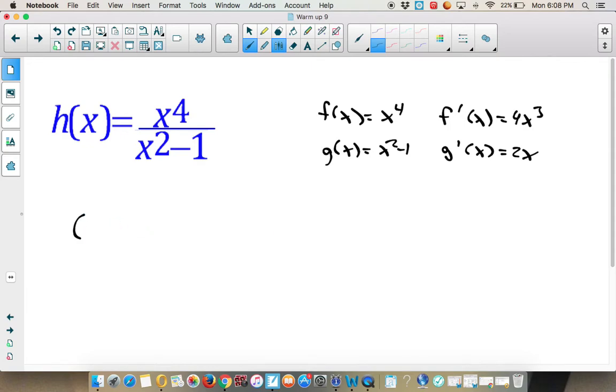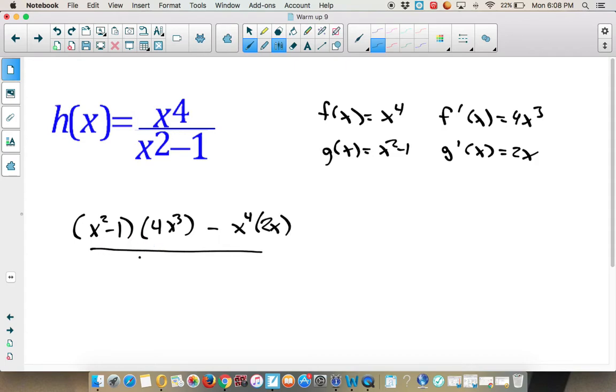So it's going to be the bottom, bot, x squared minus 1, der top times 4x cubed, minus the top times derivative of the bottom, over x squared minus 1, bot, quantity squared. That's what your derivative is equal to.